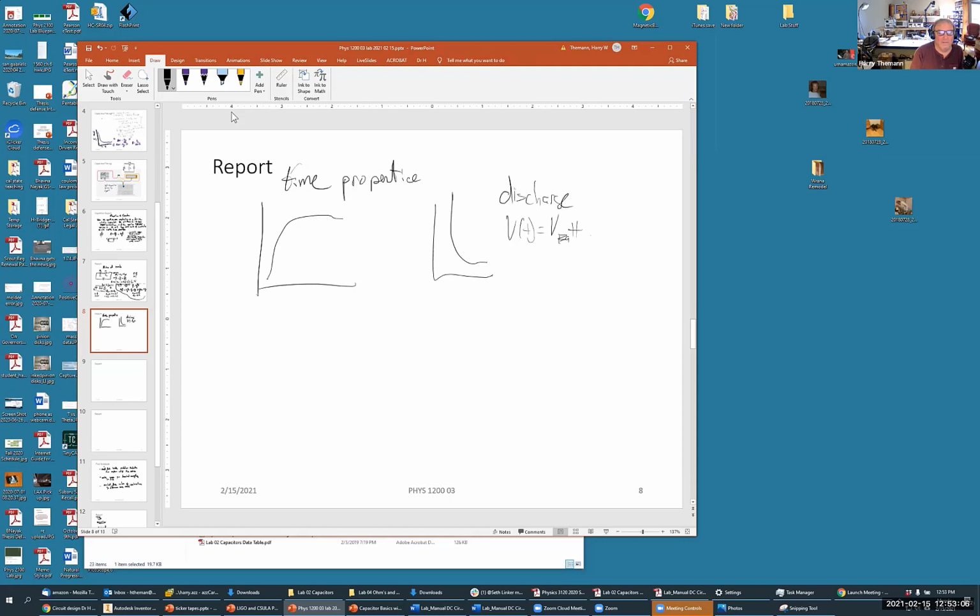Minus t over RC. So we expect this behavior. So in the procedure, and we have this from last week, you describe the test rig, with the known C and the DUT.